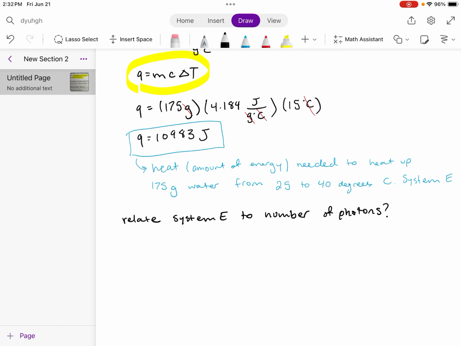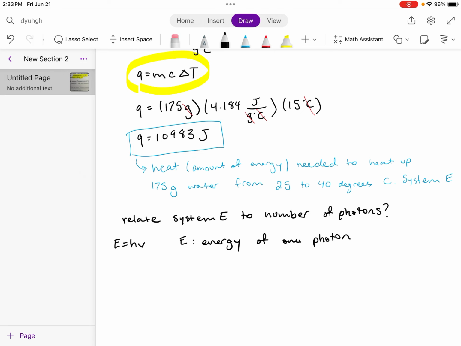Okay, so another very useful equation, and it's pretty simple, is this, which is basically the energy of one photon. Every photon will have different energy because UV light, X-ray light, visible light all have different frequencies and wavelengths.